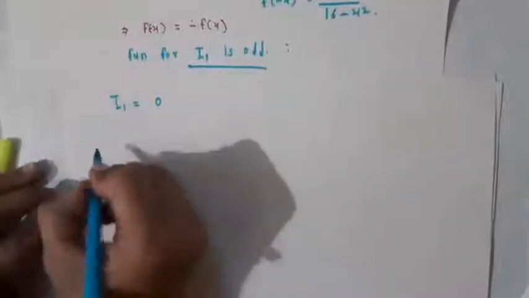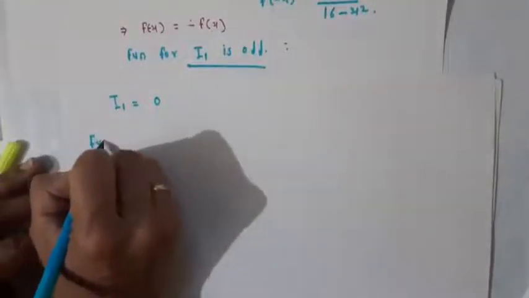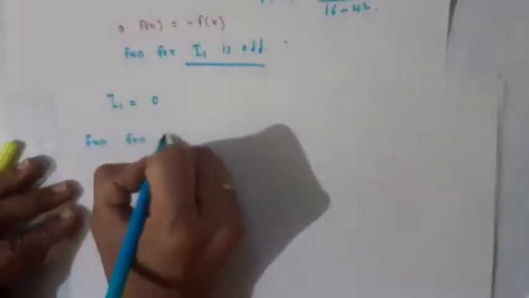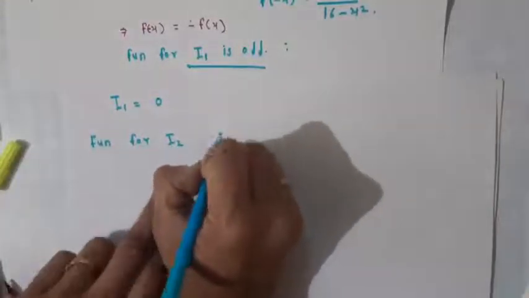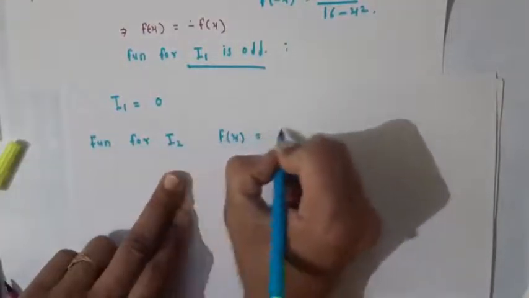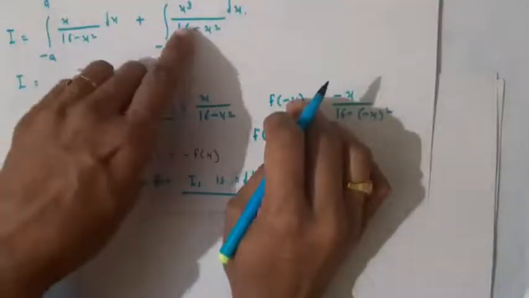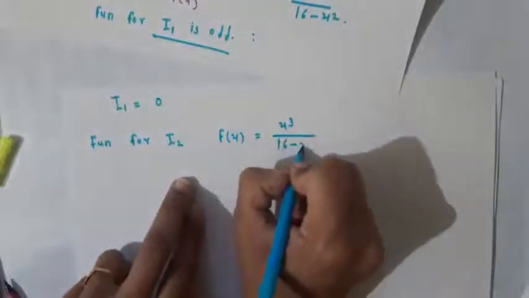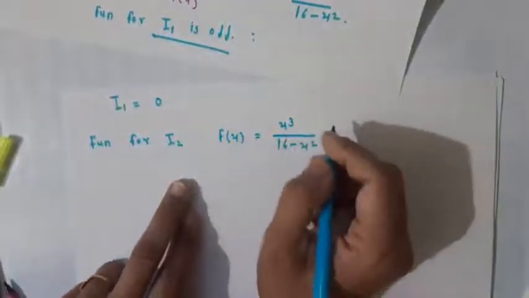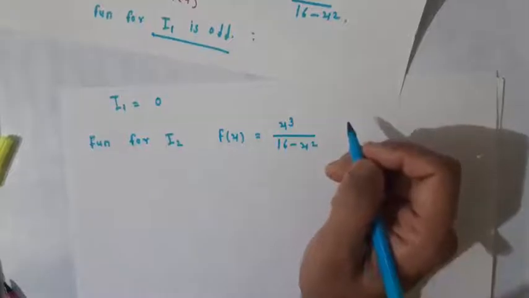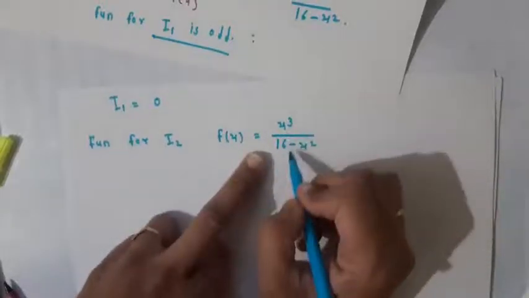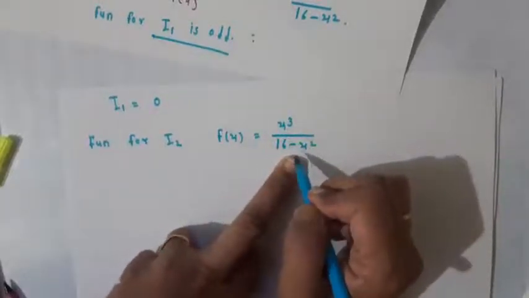Okay, now let us consider I2. Now the function for I2, that is f of x equals x raised to 3 upon 16 minus x square.